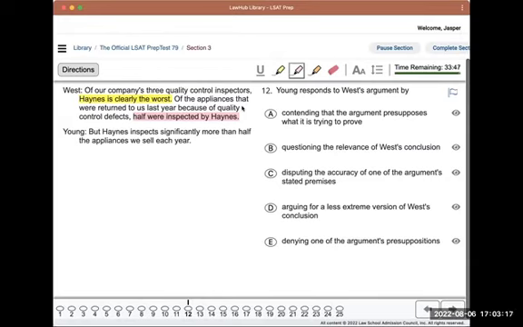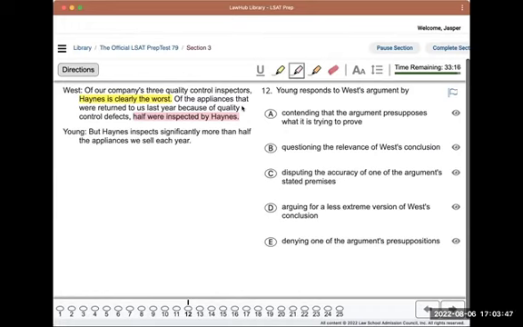Then we would expect that for each of the quality control inspectors, 1/3 of the appliances we get back because of defects would have been inspected by each of these inspectors. So we kind of would just expect everything to be equal between them.